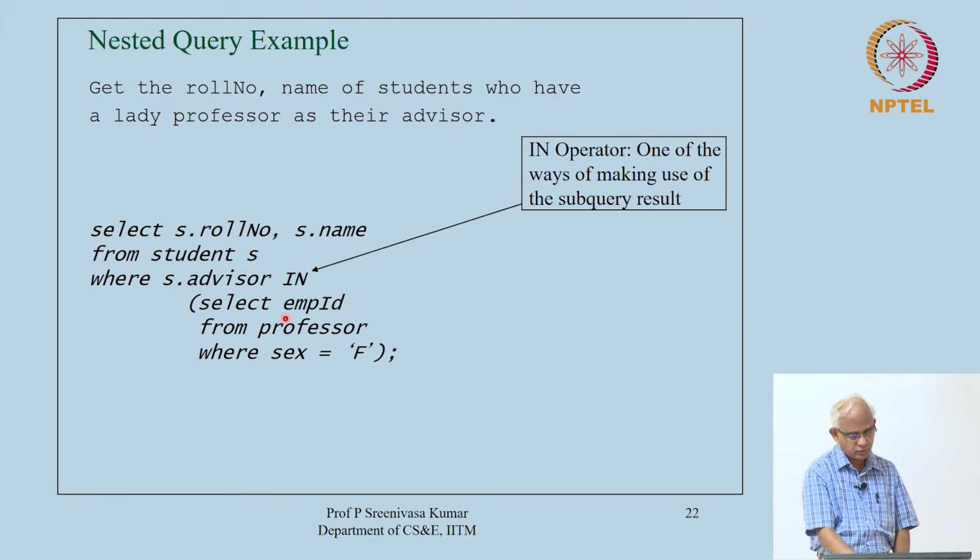Can we make use of the table aliases introduced in the main query here? That is a question. This has a from clause, but are the relations being considered in the outer from clause accessible here? That is an important question.